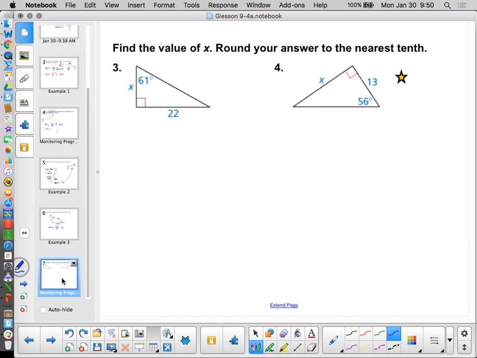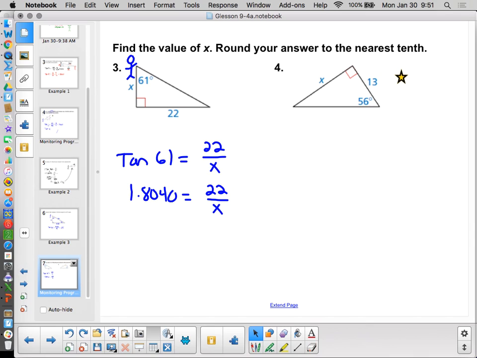Again, we're given the angle 61, so that's going to be my perspective. We're going to use a tangent of 61 equals opposite over adjacent. Tangent of 61, let's get an approximation for that to 4 decimal places. Tangent of 61 is 1.8040. And I'm going to shortcut this a little bit.